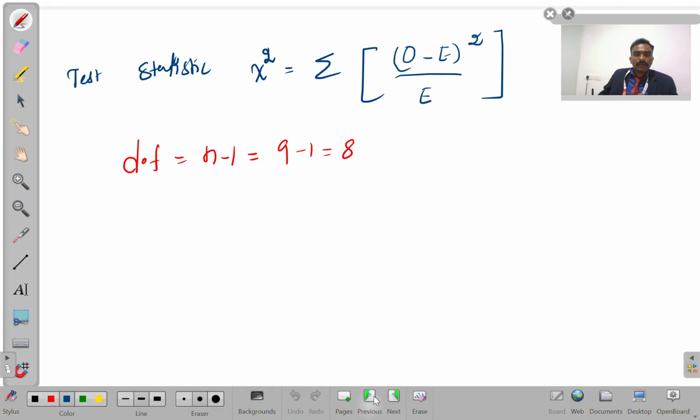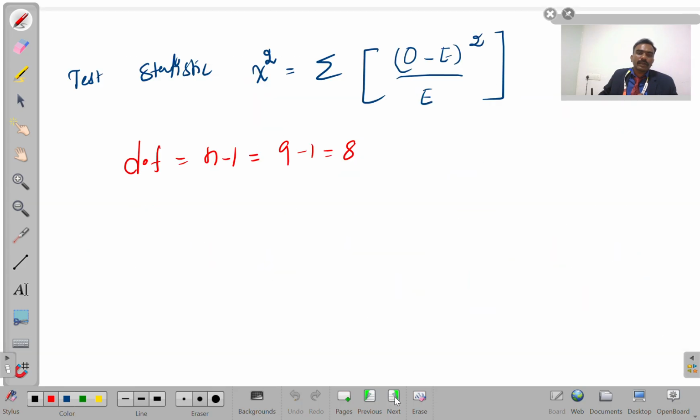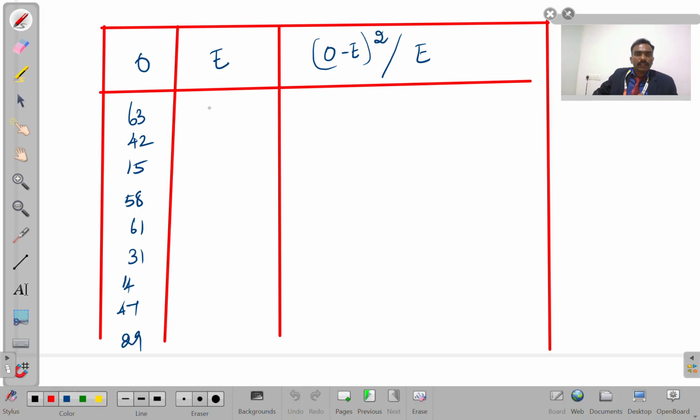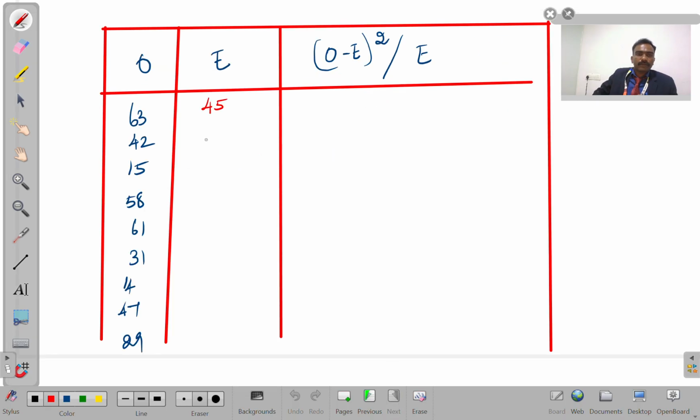Then the corresponding expected frequencies. For 63, the expected value is 45. For the second one, the expected value is 50. For the third one, the expected value is 25.